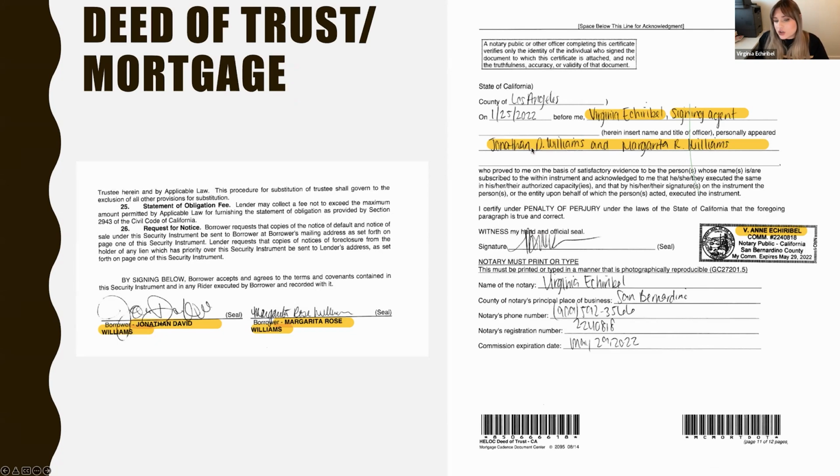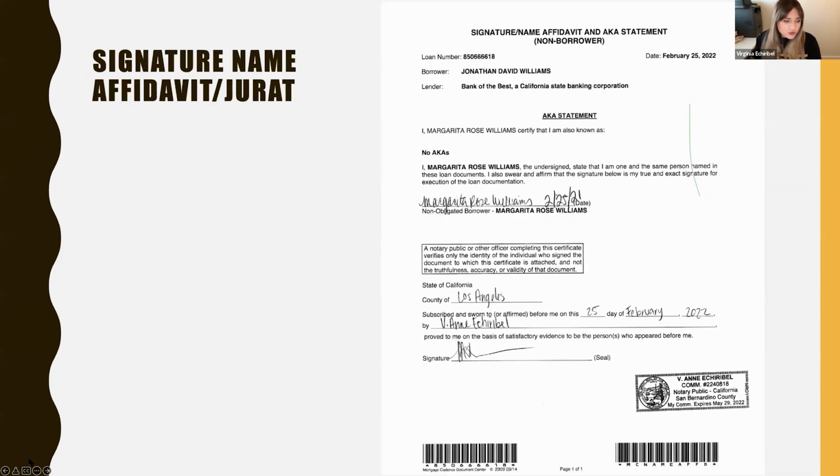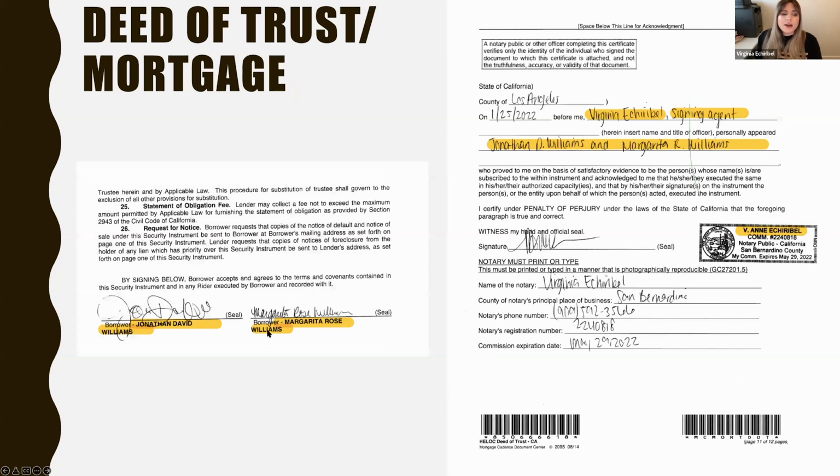Sometimes we'll see, just like in this sample where there's just a middle initial, sometimes you'll just see Jonathan and Margarita Williams. That'll get kicked back absolutely for sure. So again, name on the notarization must match the name on the signature line. Don't cut corners, put that full name. These are common notarization errors.